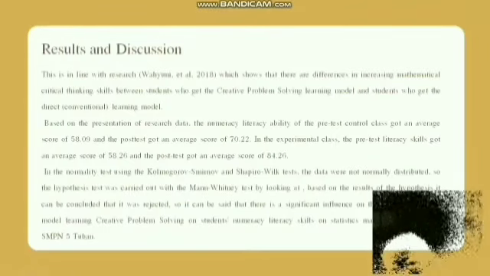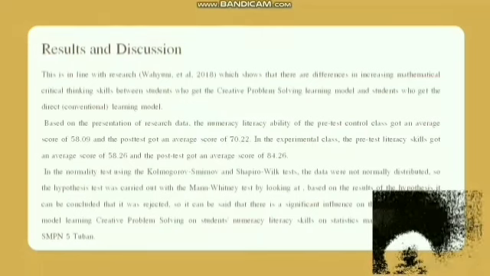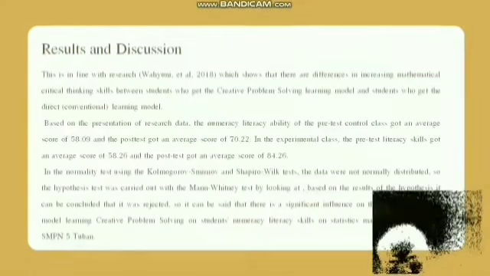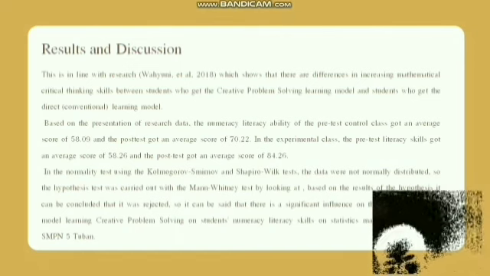and the post-test got an average score of 84.26. In the normality test using the Kolmogorov-Smirnov and Shapiro-Wilk test, the data were not normally distributed. So the hypothesis test was carried out with the Mann-Whitney test.